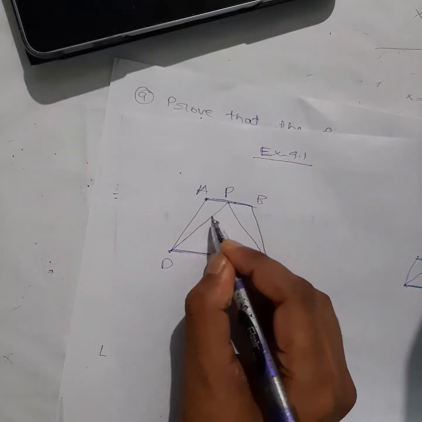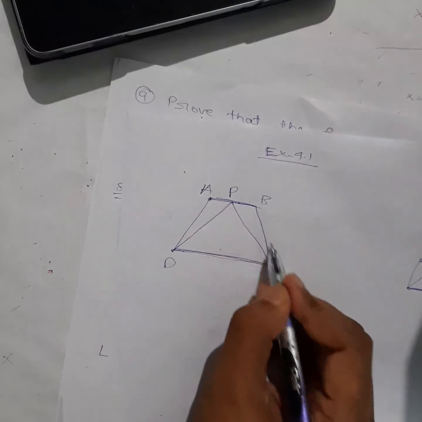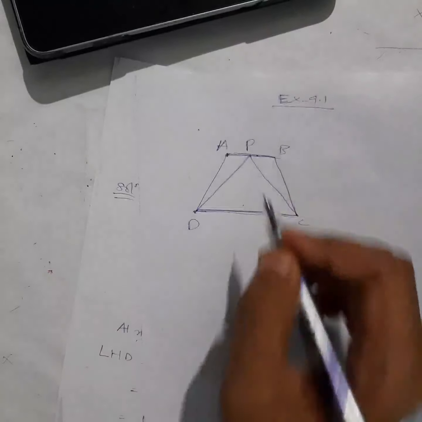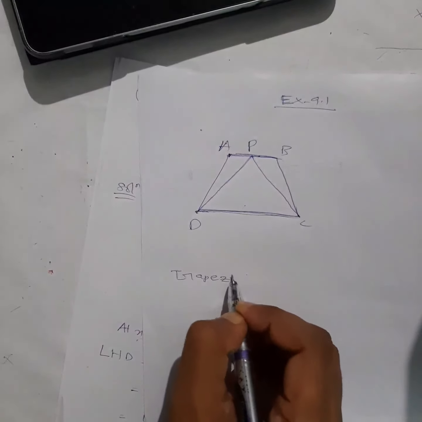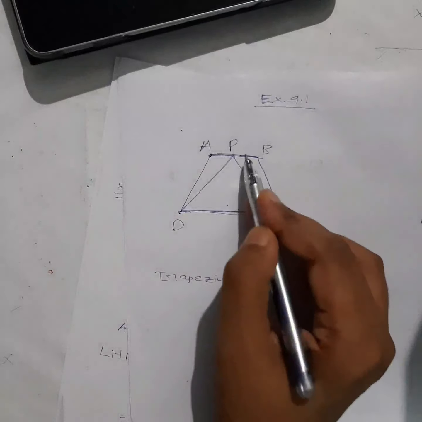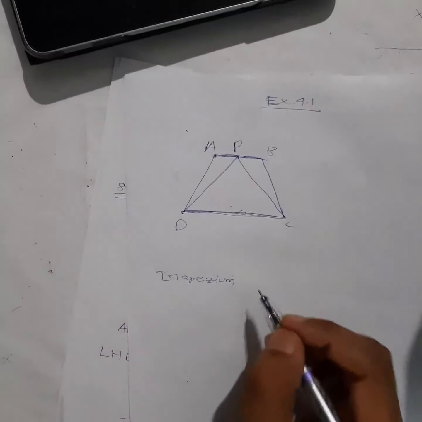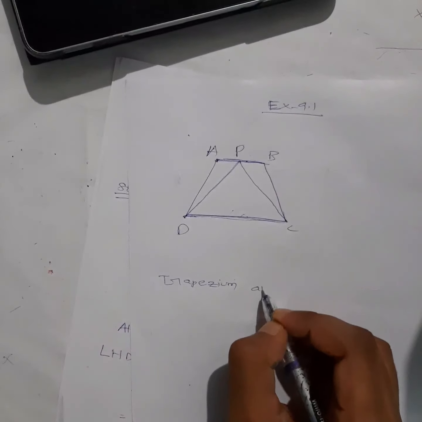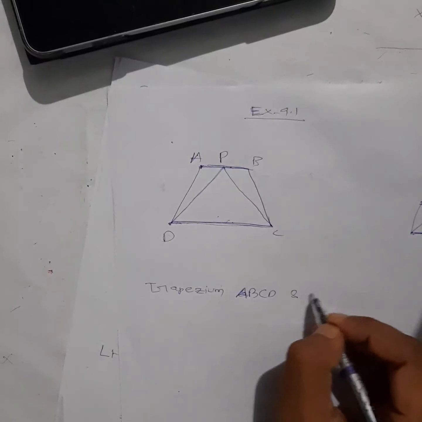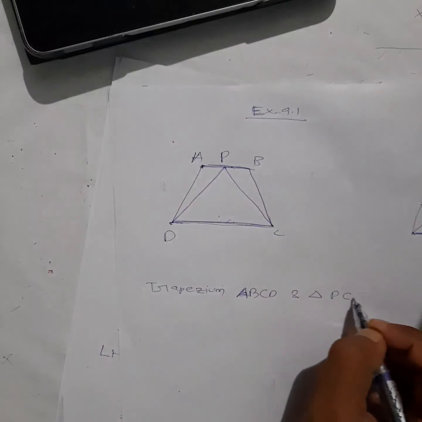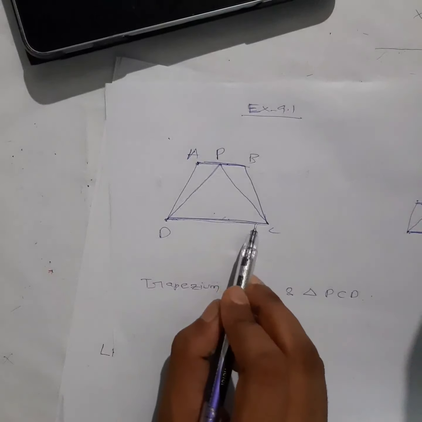This is one figure, that is a triangle, and this is another figure, which you can say is a trapezium, because one pair of opposite sides is parallel in a quadrilateral. So trapezium ABCD and triangle PCD: are they lying on the same base and same parallel line or not?